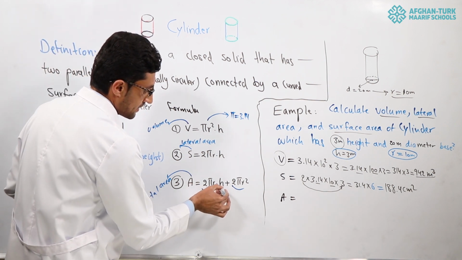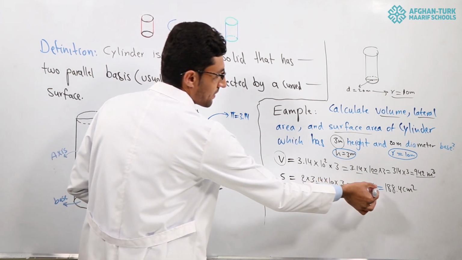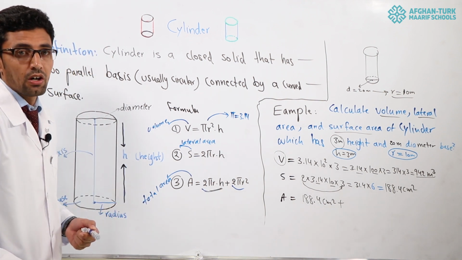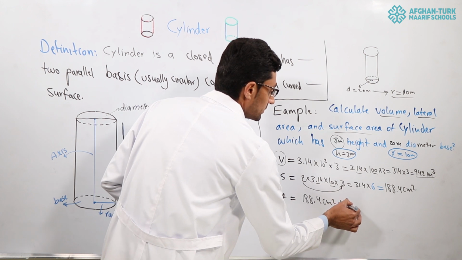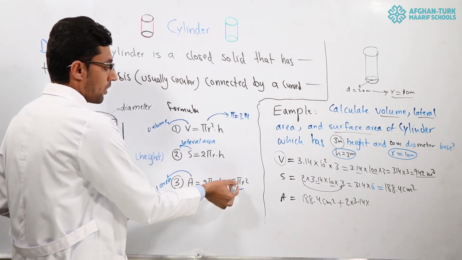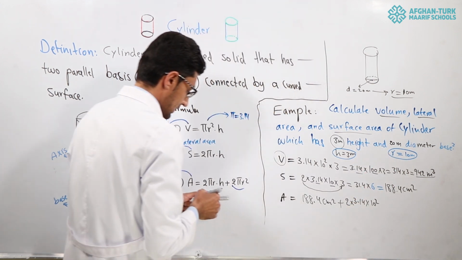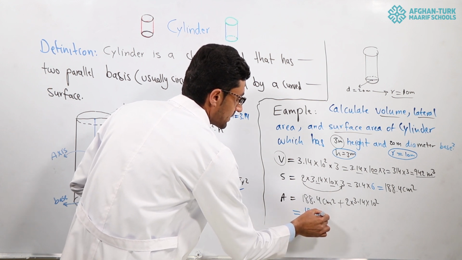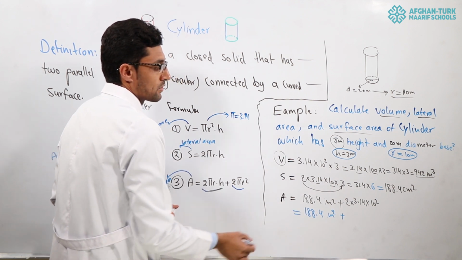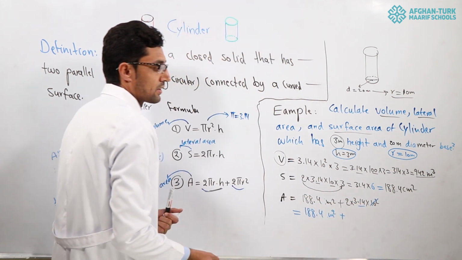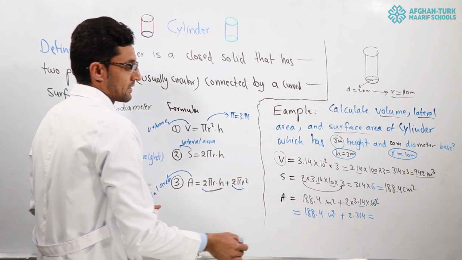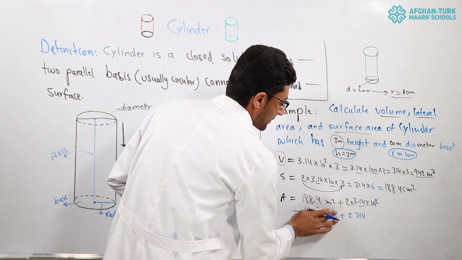But here we have A. At first, A is clear. We know the value of 2 pi r multiplied by h, which is 188.4, plus 2 pi r square. 2 multiplied by 3.14 multiplied by r square, which means 10 to the power of 2, so it will be 188.4 plus 2 multiplied by 3.14 multiplied by 100. The two zeros with 2 decimals will be cancelled, so 2 multiplied by 314, and you can write it without unit.